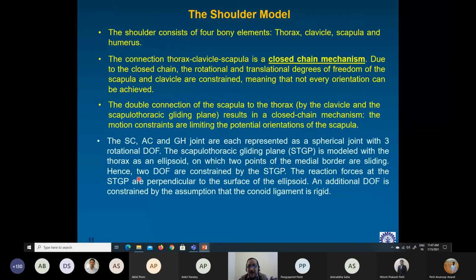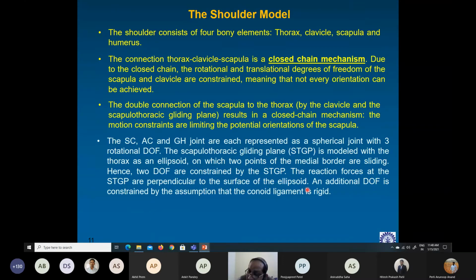The reaction forces at this plane are perpendicular to the surface of the ellipsoid. And those reaction forces are basically the thorax TS and thorax AI reaction forces. They are perpendicular to the surface of the ellipsoid. And an additional degree of freedom, as I was telling you, is constrained by the assumption that the conoid ligament is rigid. So remember one thing, that the muscles always apply active forces, and the role of the ligament is to stabilize the joint.